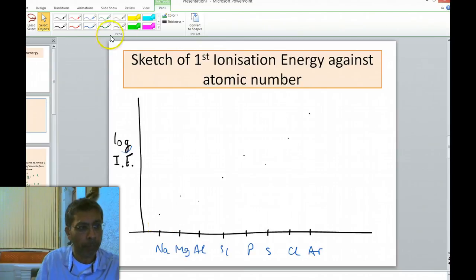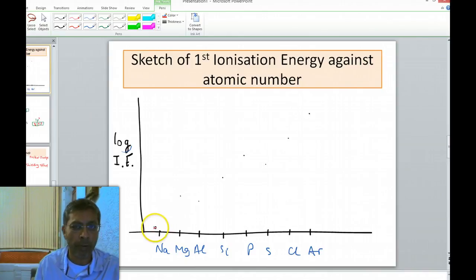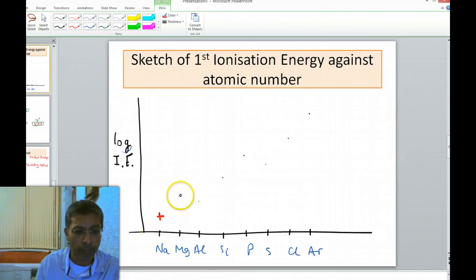For sodium, to remove an electron, remember it's the biggest atom, the ionization energy will be the lowest. It's easiest to remove an electron from sodium. Atom is the biggest. Going to magnesium, you'd expect the ionization energy to increase, and it does, atom smaller.